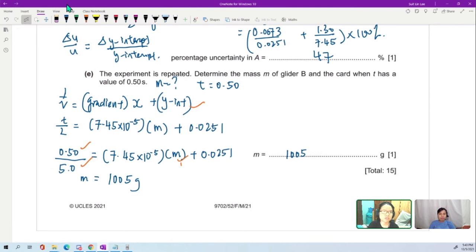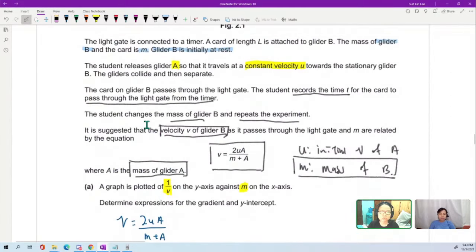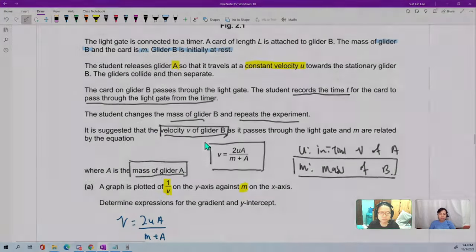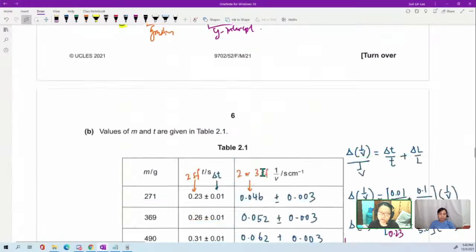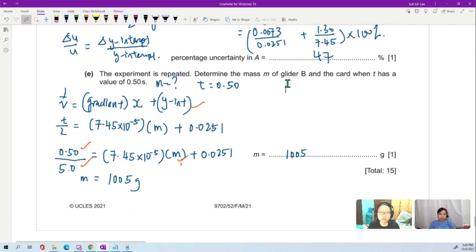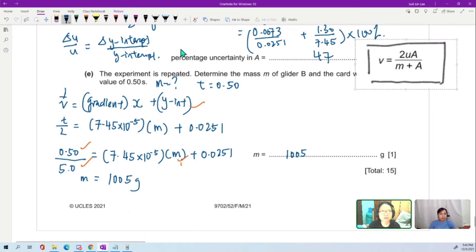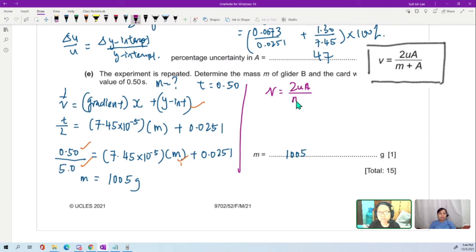Another way that students can do this is, instead of using the linearized equation, they could use the original equation, because don't forget, you have already used the graph to find u and a. So this is the original equation. What you could do is v is equal to 2ua over m plus a. But you should know that v is equal to l over t.